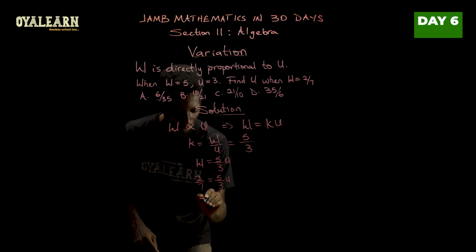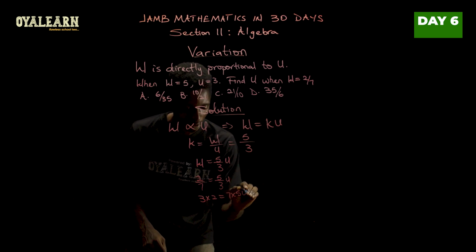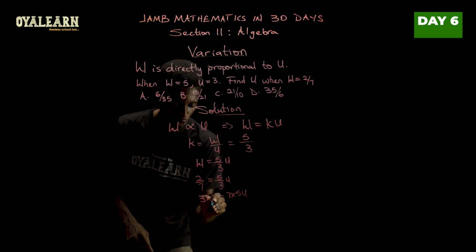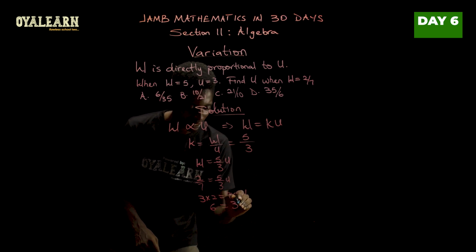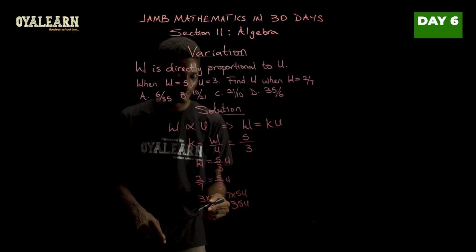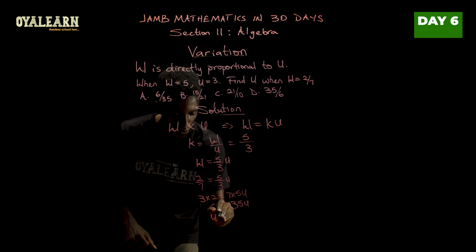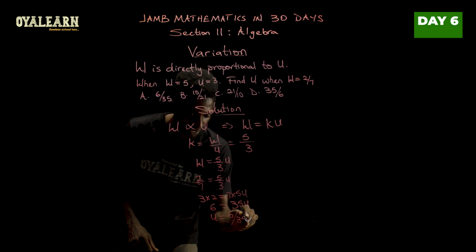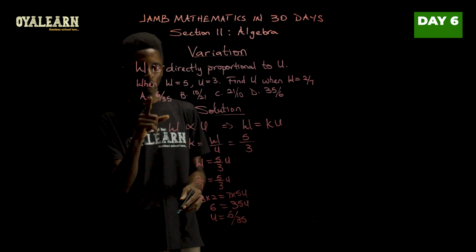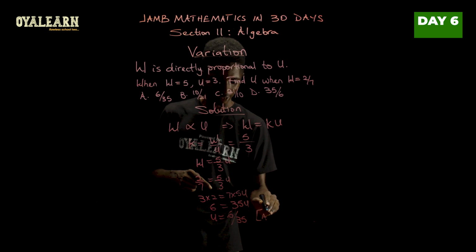So we would have 3 times 2 equals 7 times 5 U. 3 times 2 is 6, and this would be equal to 35 U, since 7 times 5 is 35. So U equals 6 divided by 35. The option with 6 over 35 is option A.